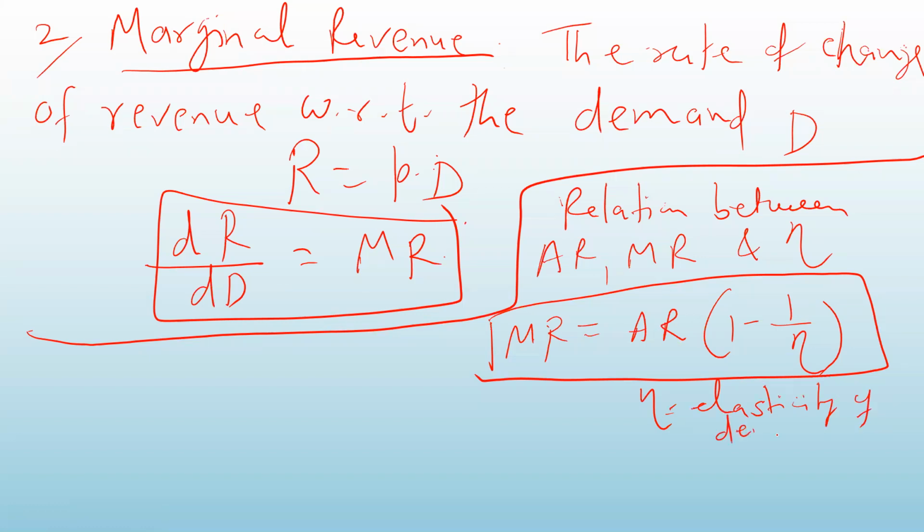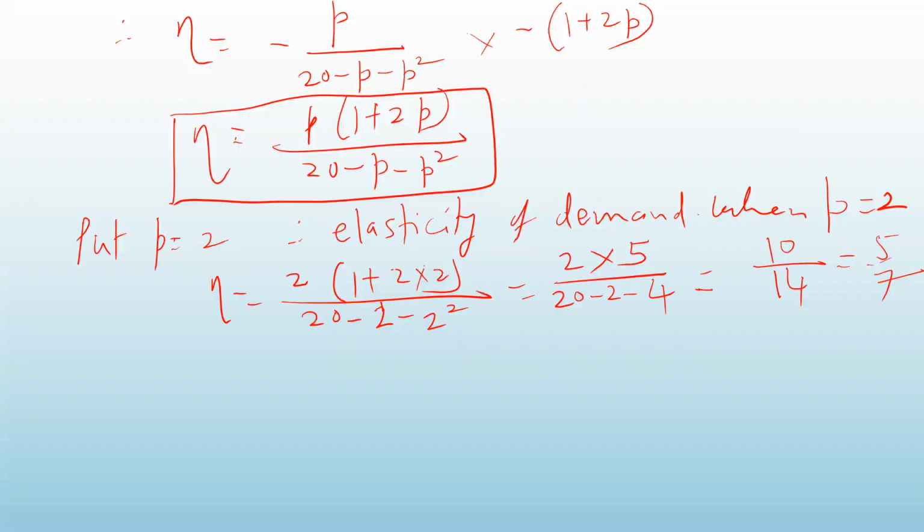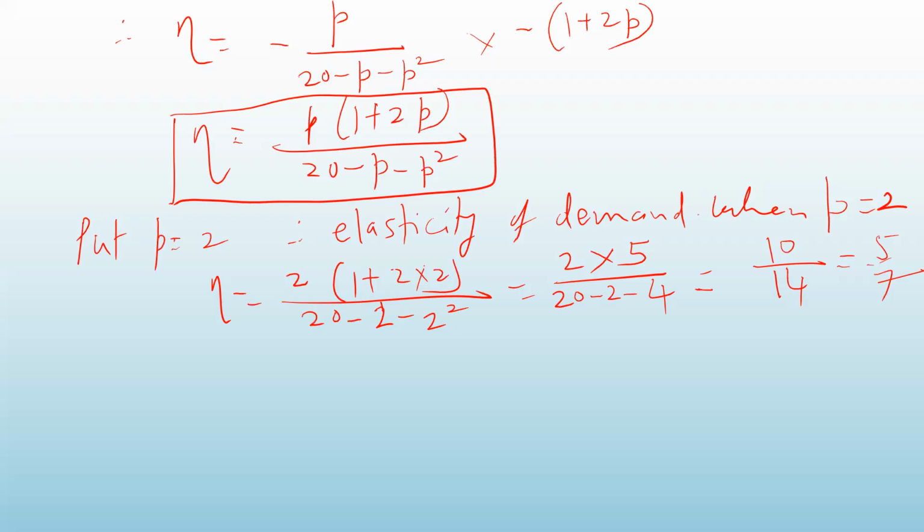So if you are given any two values out of it, you can find out the third. Let us take one problem of that kind, because such a problem can be asked in objective type. So let me just erase this and then I will do that.